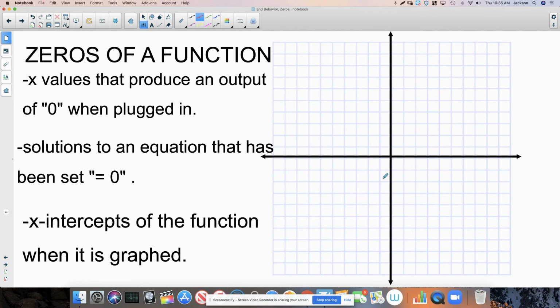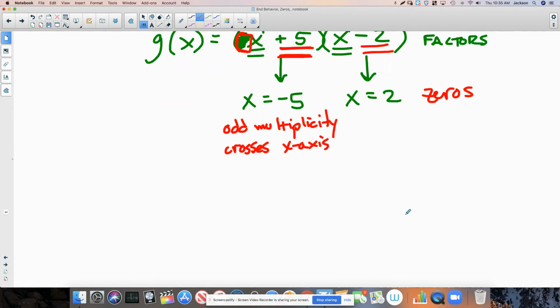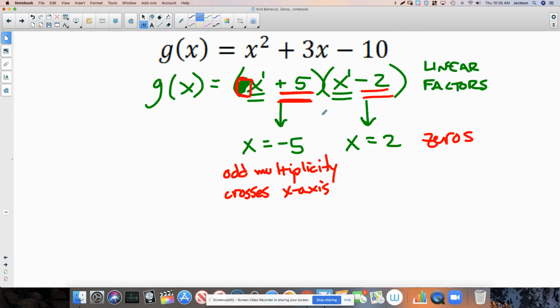So this graph would have an x-intercept at -5 and an x-intercept at +2, and we know it's quadratic, so we know its end behavior, and we know that it crosses, and then we have the y-intercept somewhere down here, right? So we get an idea of what this graph looks like based on these zeros. And the same thing would be true over here for 2. Because this factor only shows up once, the exponent here is a 1, we would say this has odd multiplicity and therefore crosses the x-axis.